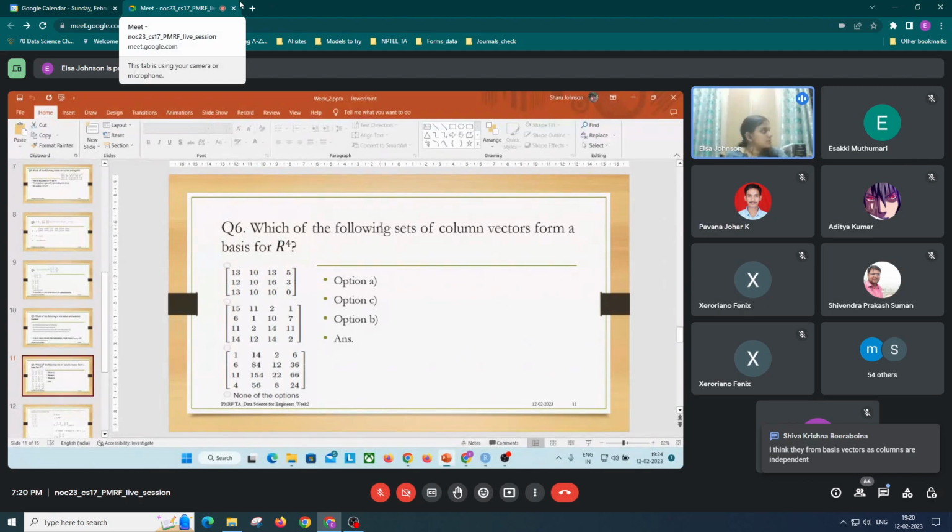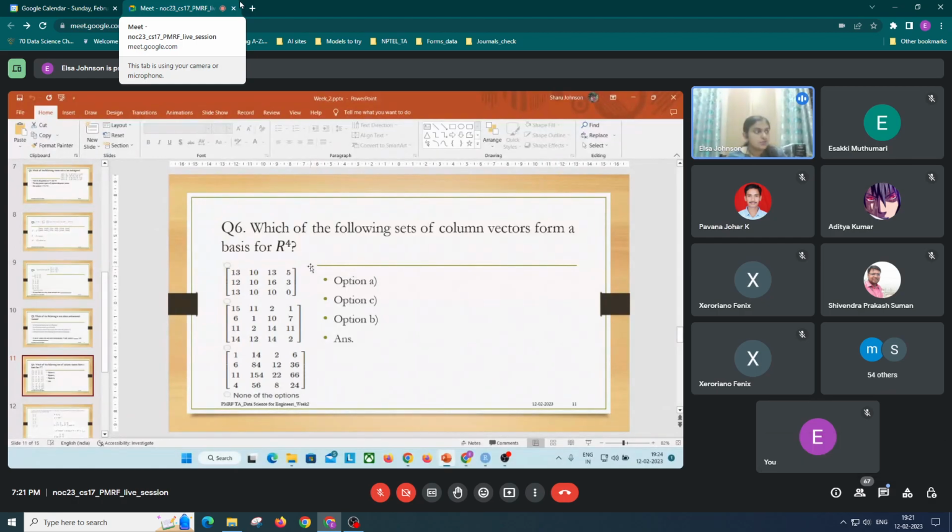Basis vector columns are independent. Yeah, columns are independent, but there is one problem with that matrix. If you want to form a basis, wait, just look at this option. How many rows and how many columns are there? Yeah, it should have 4 rows.